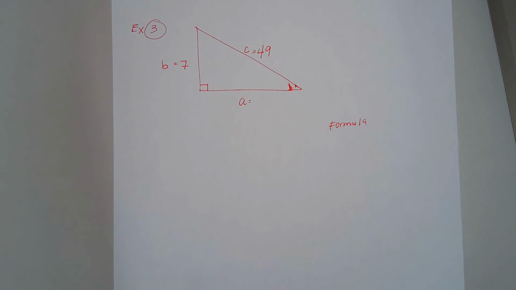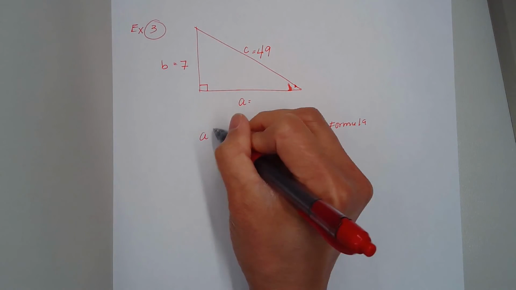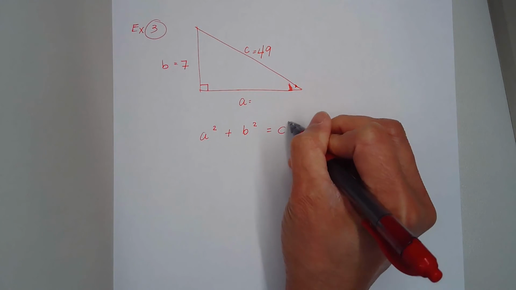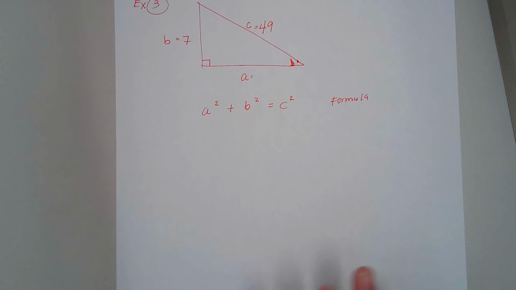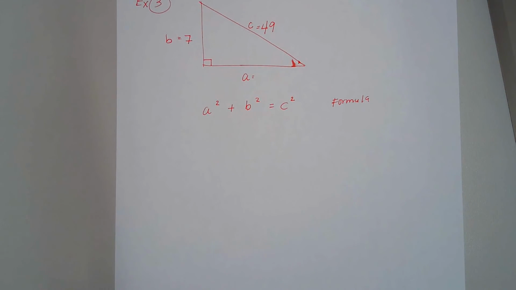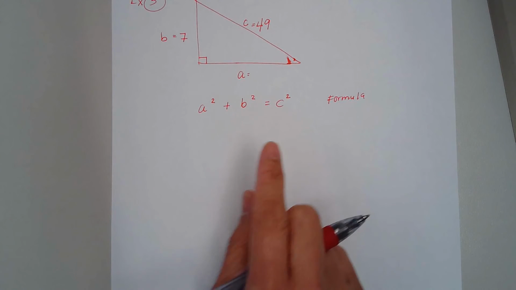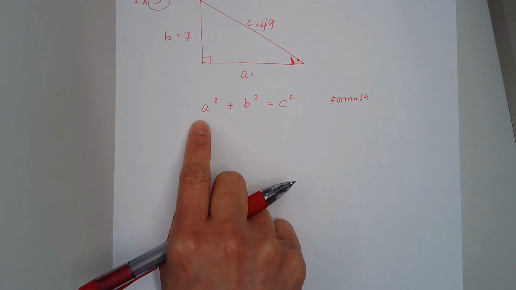Okay, what's the formula that we're gonna use? A squared plus B squared equals C squared. Now let's see, what number do we replace A by?